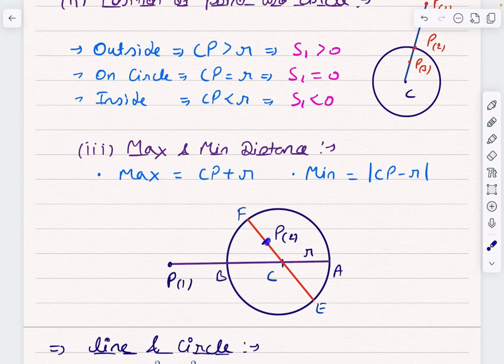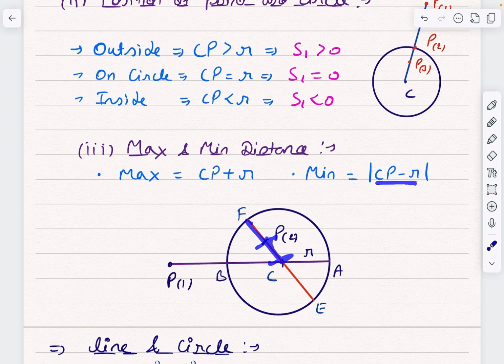And if the point was inside, then again join this line, and the maximum will still be Cp plus R. Now the minimum will be this PF distance, and PF distance will basically be CF minus CP. So CF will be the radius, so now it will be radius minus CP.